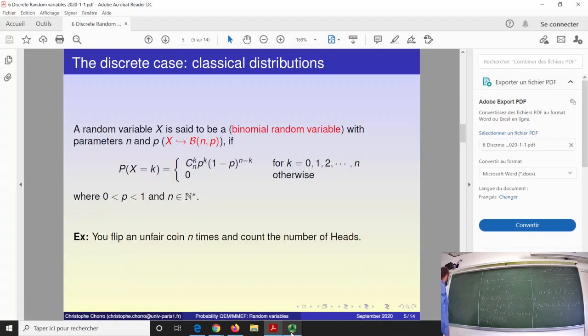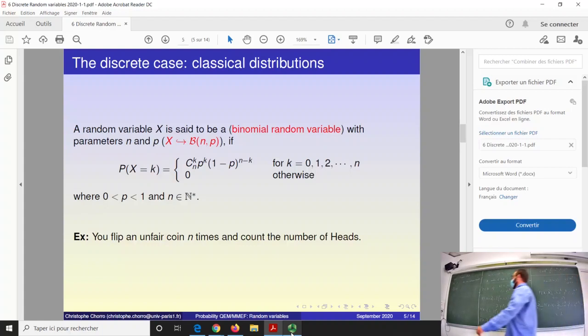Suppose that X1, X2, ..., Xn are independent Bernoulli of parameter p. So I have n random variables that have a Bernoulli distribution, and I suppose that they are independent.